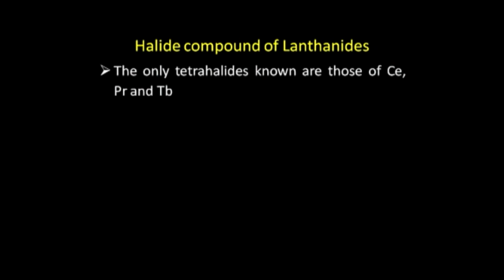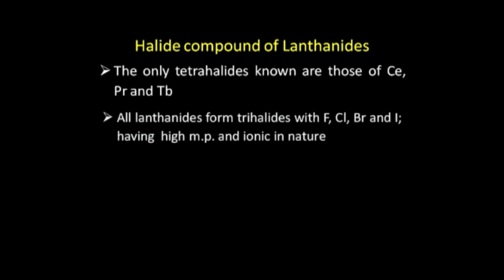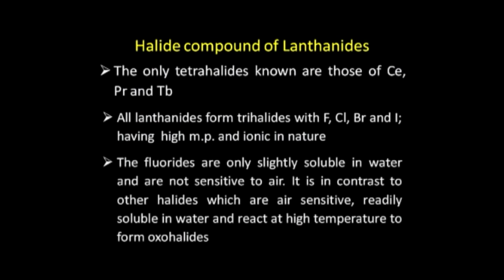The only tetrahalides known are those of cerium, praseodymium and terbium. All lanthanides form trihalides with the halogens fluorine, chlorine, bromine and iodine, having high melting points and being ionic in nature. The fluorides are only slightly soluble in water and are not sensitive to air.